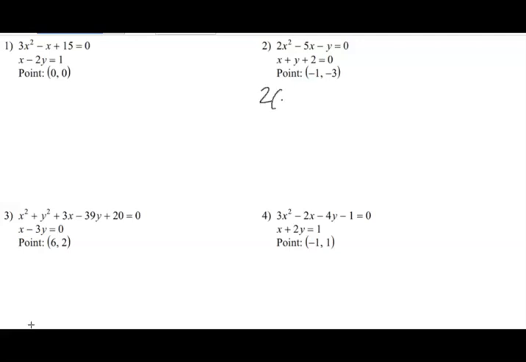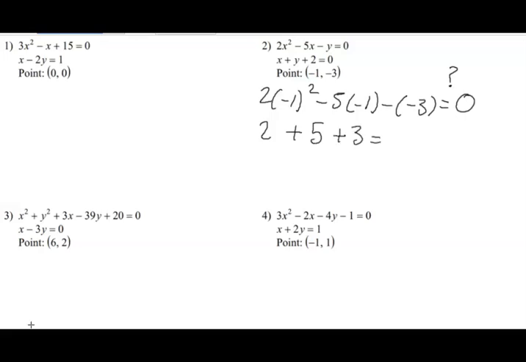2 times (-1) squared minus 5 times (-1) minus (-3). Does that equal 0? Okay, we have 2 times -1 times -1. That's just 1. So we have 2 plus 5 plus 3. Does that equal 0?